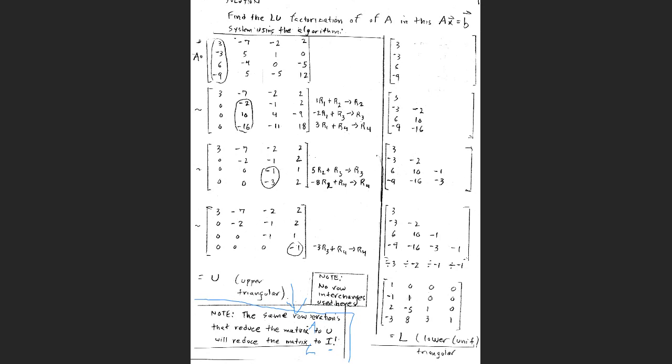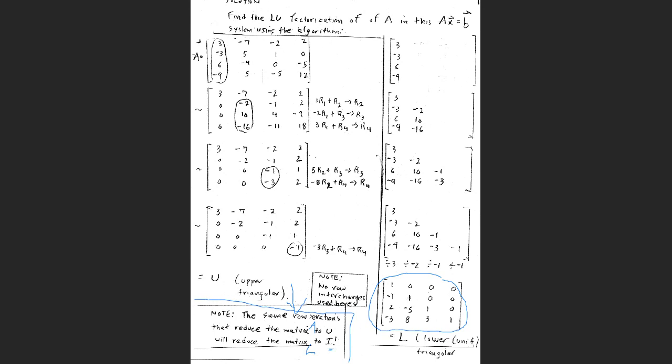The same row operations that reduce the matrix A to the matrix U will reduce the matrix L to the identity matrix.